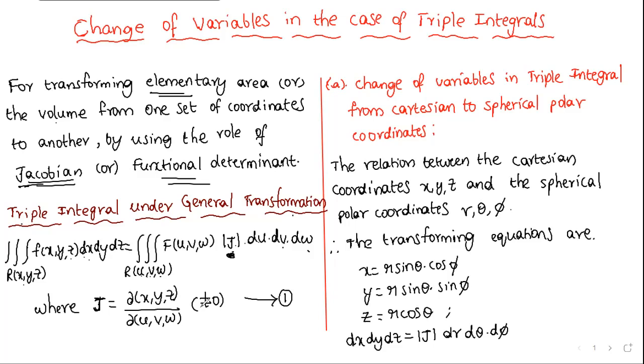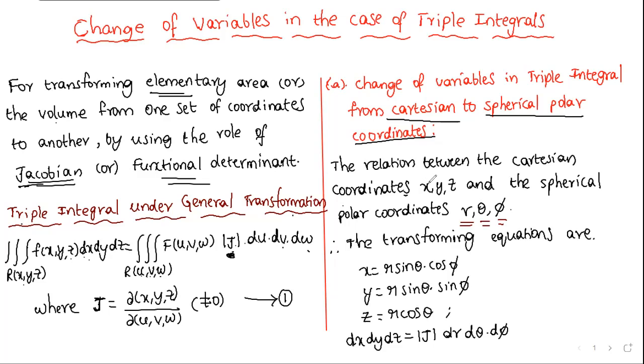The first topic is change of variables in triple integrals from Cartesian to spherical polar coordinates. The relation between the Cartesian coordinates x, y, z and the spherical polar coordinates r, theta, phi. These three are spherical polar coordinates.